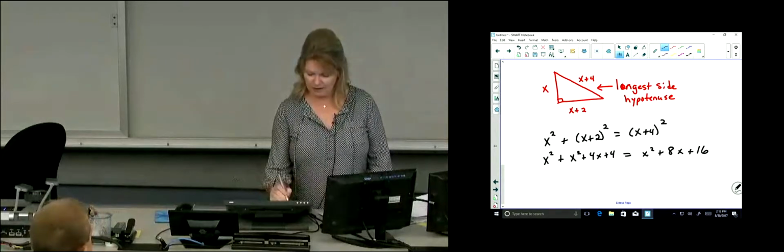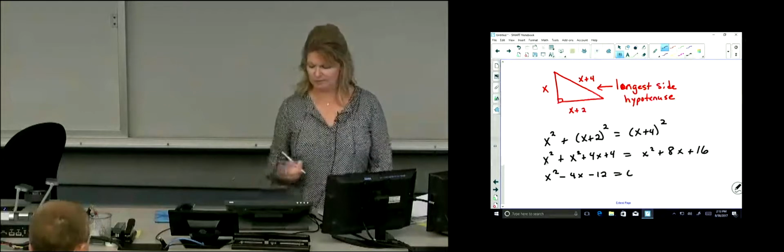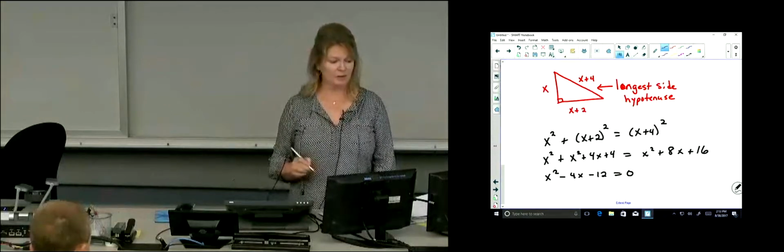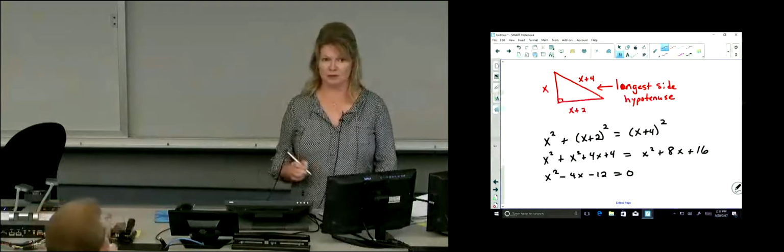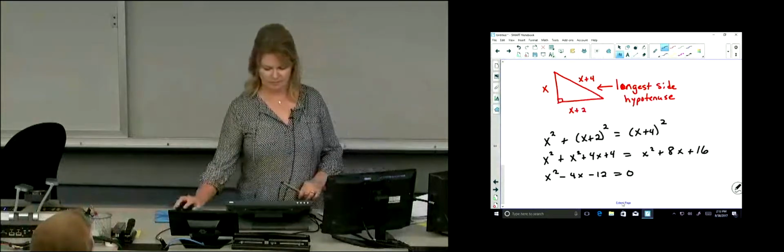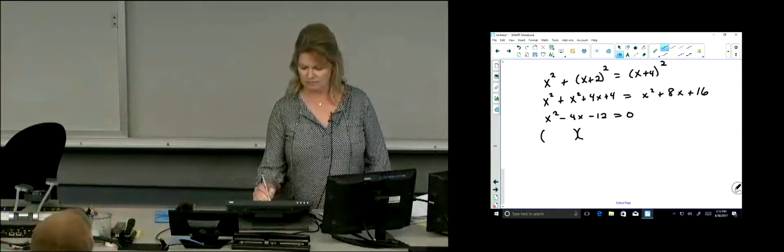When you do all that, you're going to have x squared minus 4x minus 12 equals 0. Okay, that's moving x squared plus 8x plus 16 to the other side. You just factor.